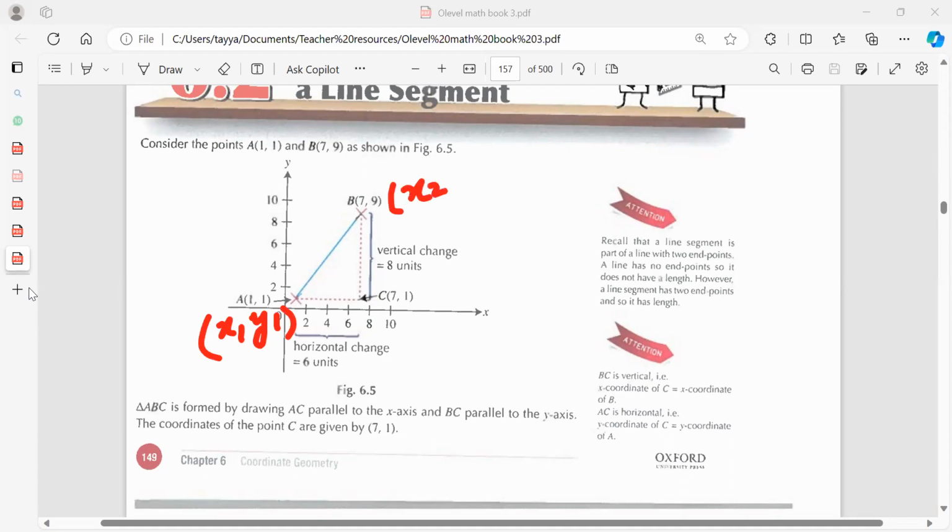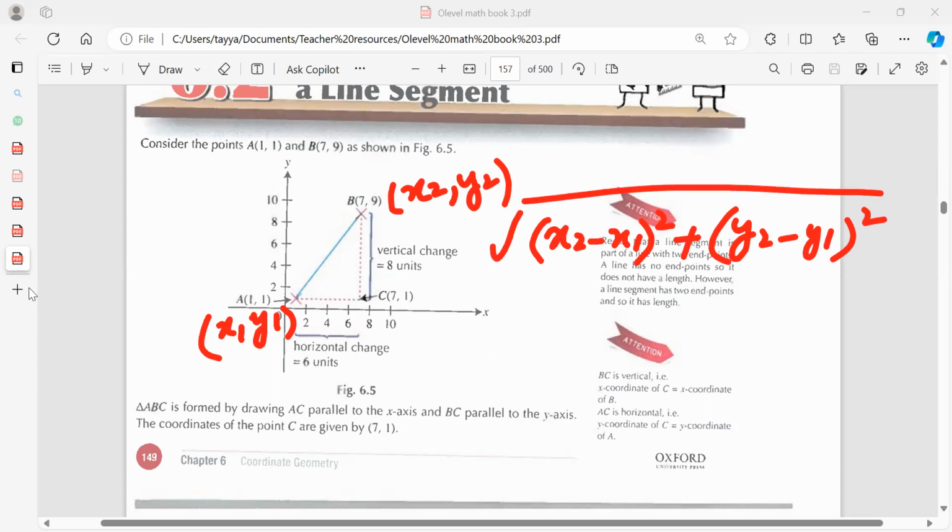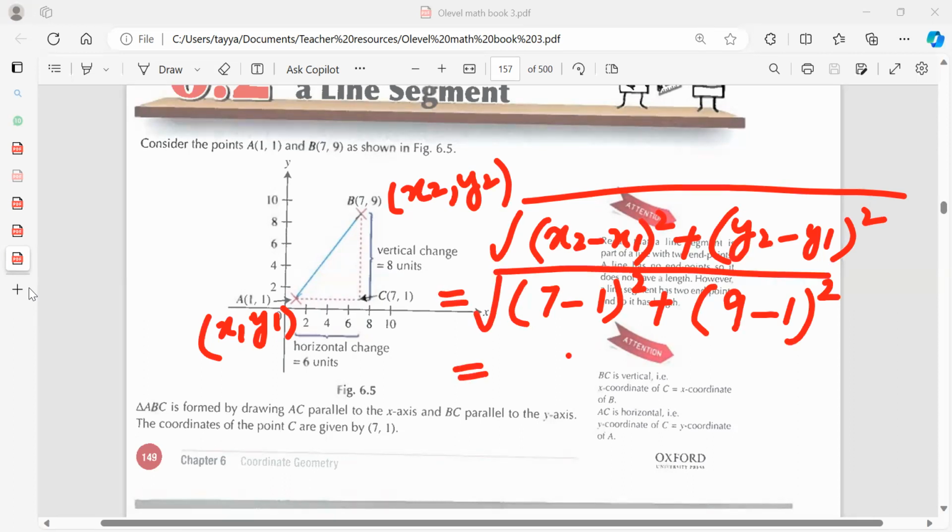This one is x2, this one is y2. If we are taking x2 minus x1 square plus y2 minus y1 square, take x2, which is 7, minus x1, which is 1. Then y2 is 9 and y1 is 1. Got it? Then it is 6 square and 8 square.